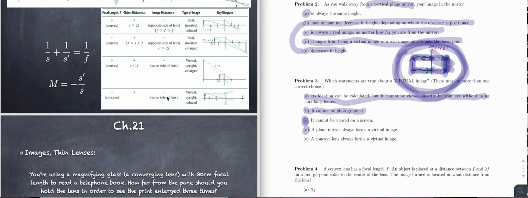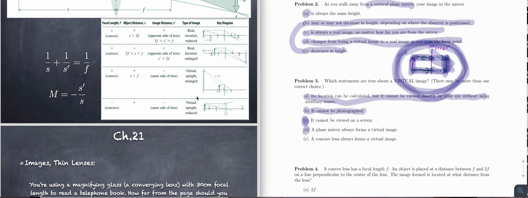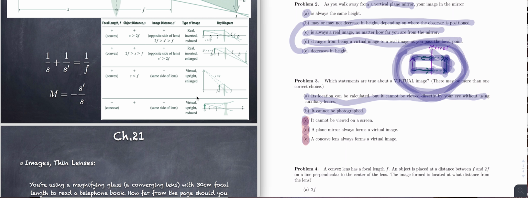So this is always a given, and it's stated in one example in your table in your book, so this is true too. So we can highlight them with a different color. So these are the correct answers.